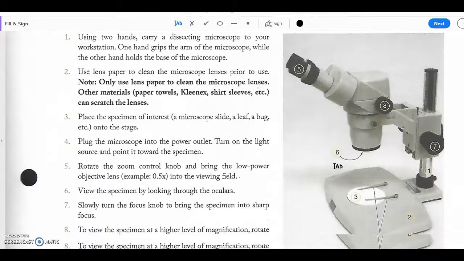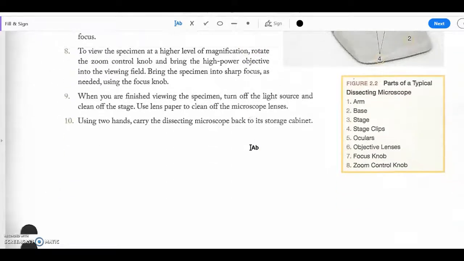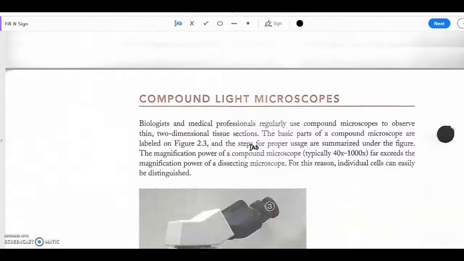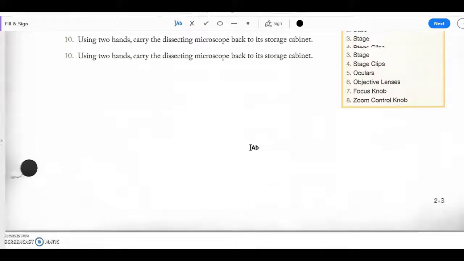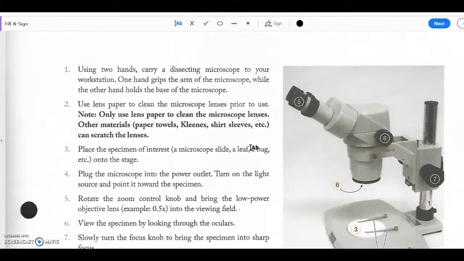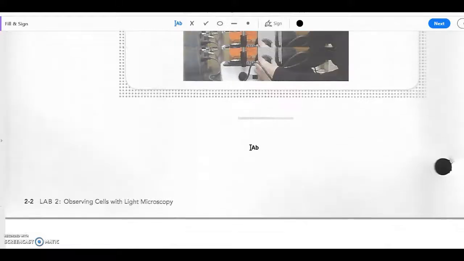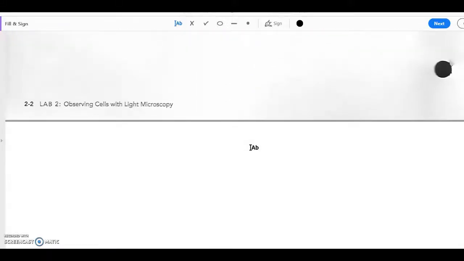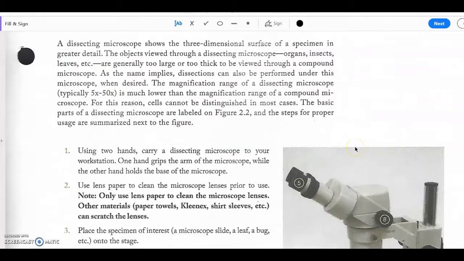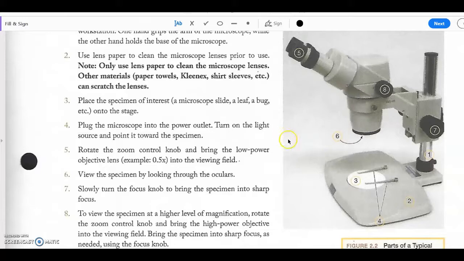It's good. Okay, finally, we've got our dissecting microscope here.